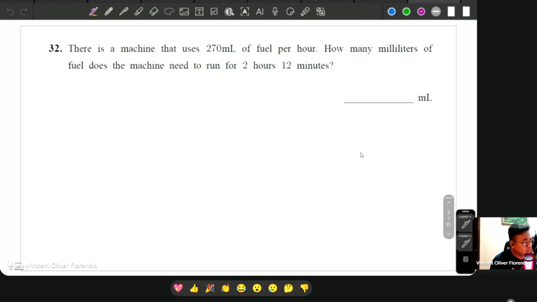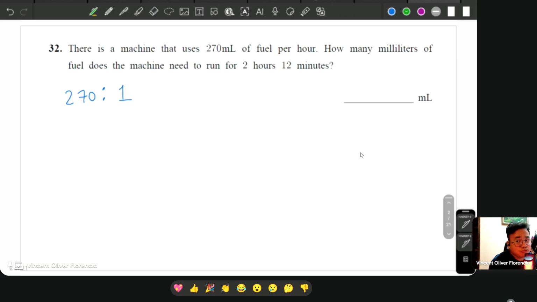The question here is asking how many liters of fuel the machine needs. This one is about ratio and proportion. It says here that every 270 ml corresponds to 1 hour.